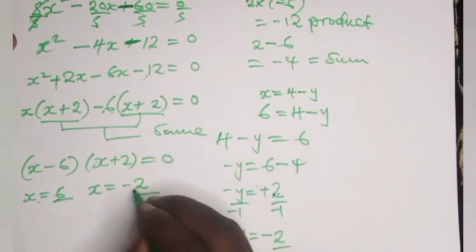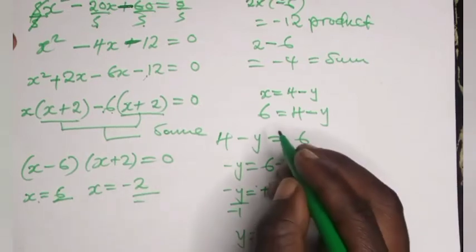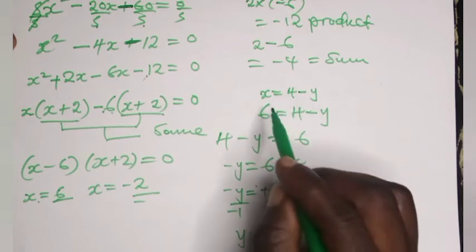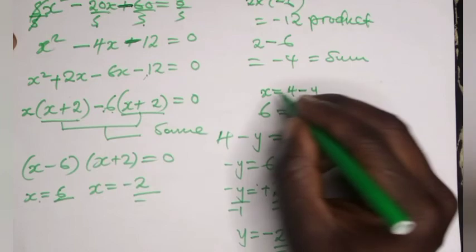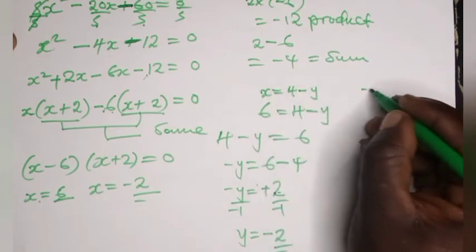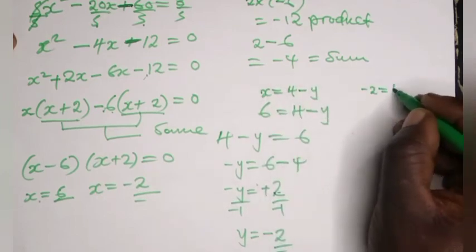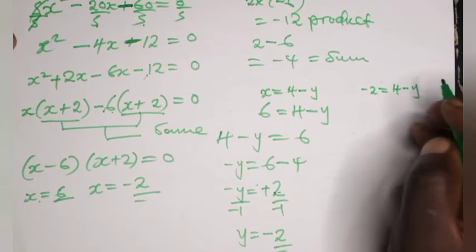Another y. Let's find another y. Where there is x, we put negative 2 in this equation. Then it will be minus 2 equals 4 minus y.